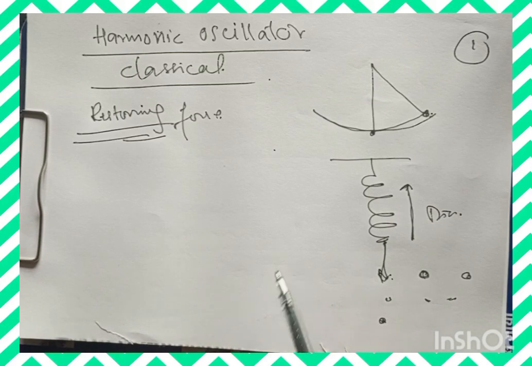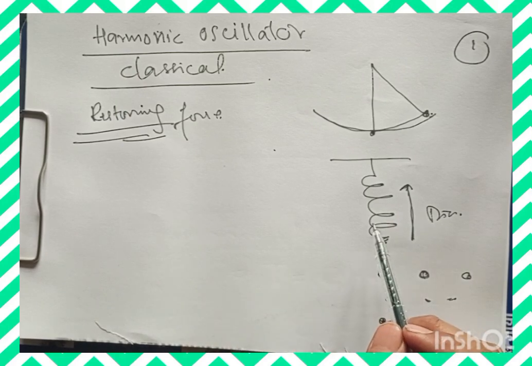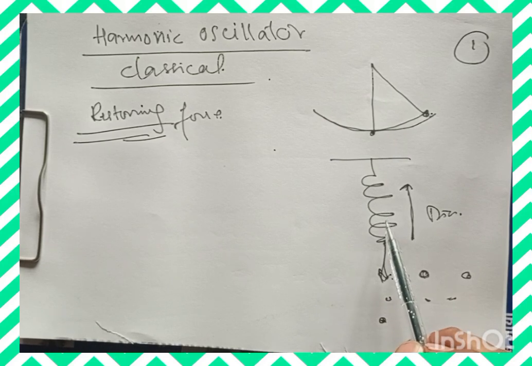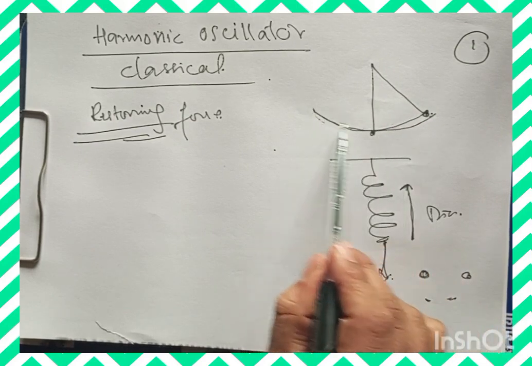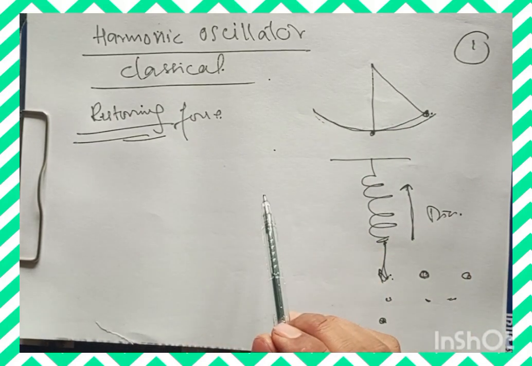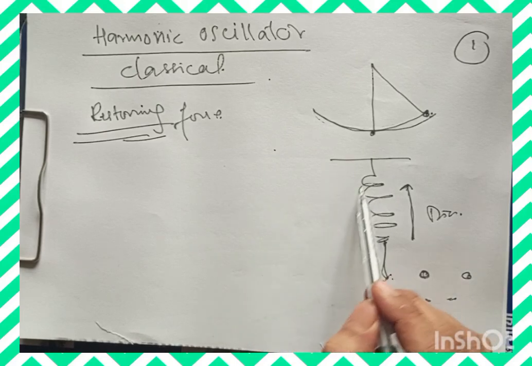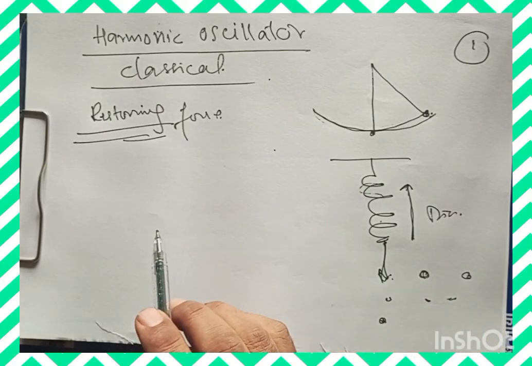And certainly it is the inertia of the masses involved that causes them to overshoot the equilibrium, and the system oscillates indefinitely if there is no energy lost during the oscillation of that object.